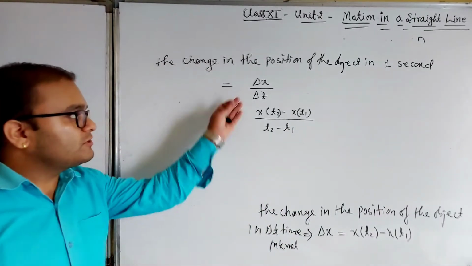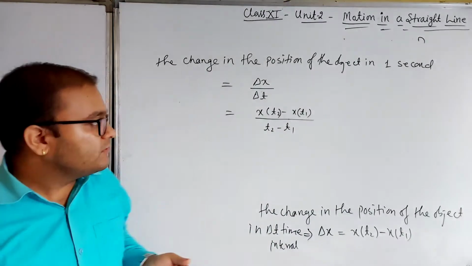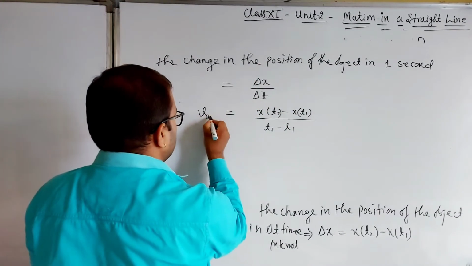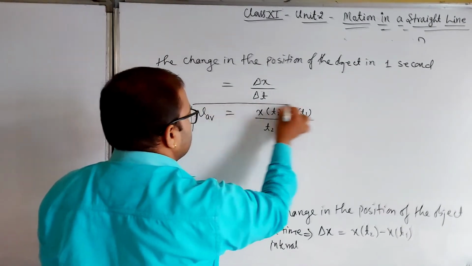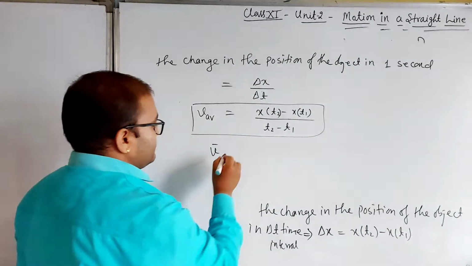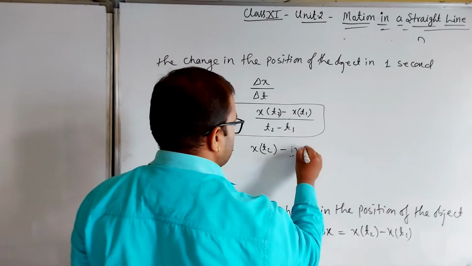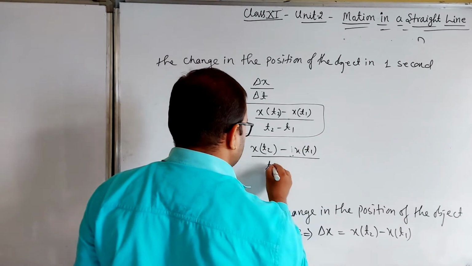So change in the position of the object per unit time, we know as average speed. Okay, so this will be average speed, or we can say v bar also. So v bar equal to x(t2) minus x(t1) upon t2 minus t1.